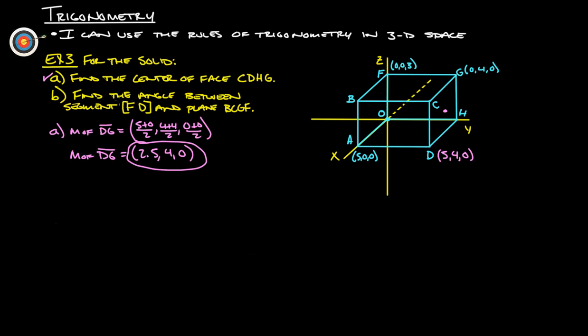Okay, now find the angle between segment FD. So that's this one right here, FD, and plane BCFG. So the angle that segment FD makes with this plane here. Okay, so let's do that.